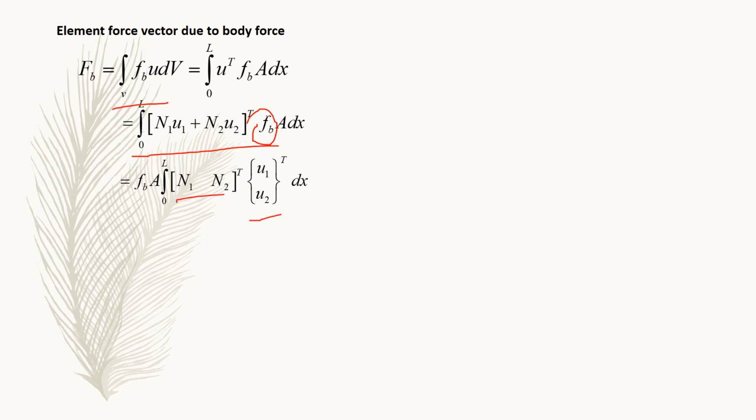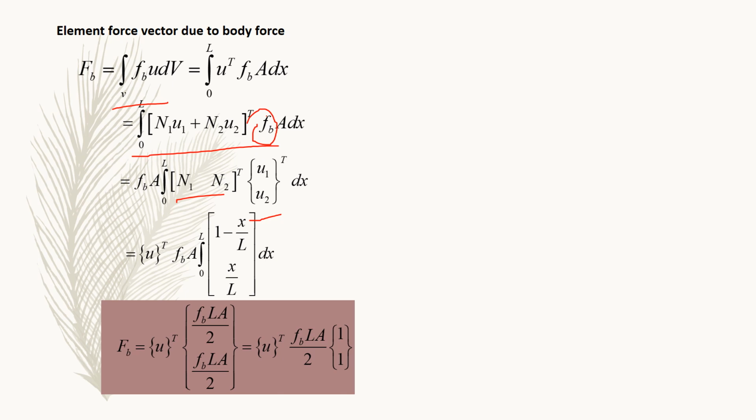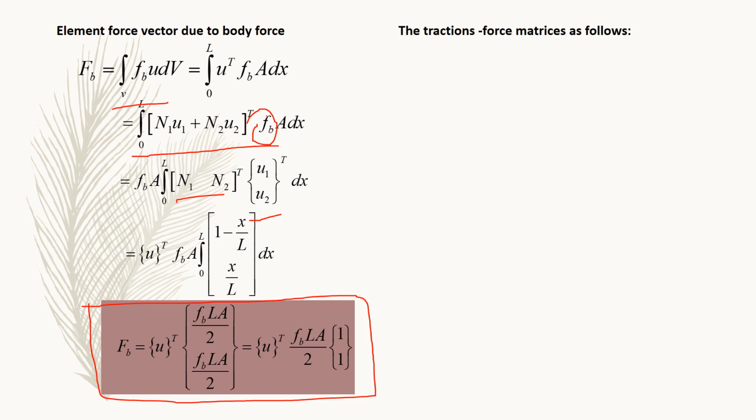Rearrange this equation. Finally substitute its N1 N2 values, known values, and finally we'll get these equations. After substituting these boundary conditions, we will derive this equation, the body force vector of this bar element.